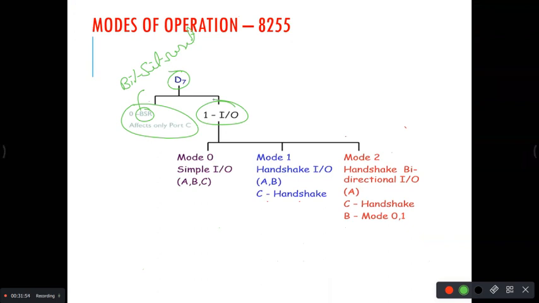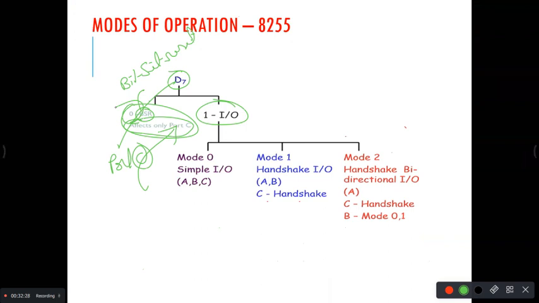In bit set reset mode, this will affect only port C. The bit set reset mode is only for port C. When your 8255 is used in bit set reset mode, by making D7 a 0, your 8255 works only through port C. That's all.